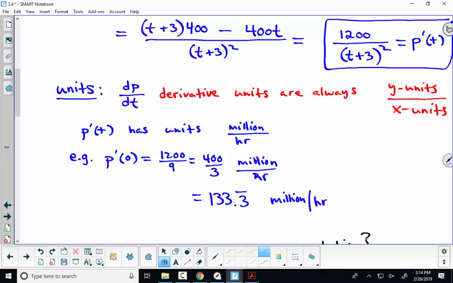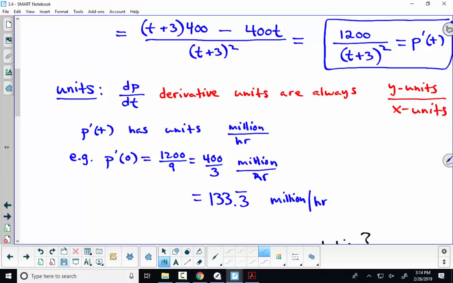So what is our interpretation of p prime of t equals 133.33 million per hour? First of all, it's positive, which means what? It's increasing. We're gaining cells. If it were negative, that means the population's dying off at that instant.